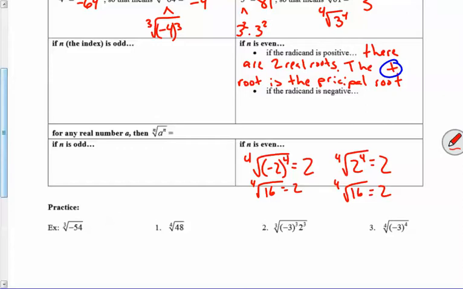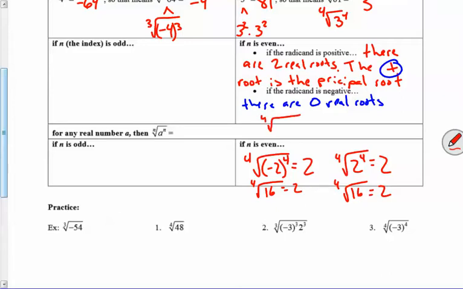Now, what if the radicand is negative? If the radicand is negative, then there are 0 real roots. It doesn't matter what the index is, as long as it's even: you cannot take an even root of a negative number.